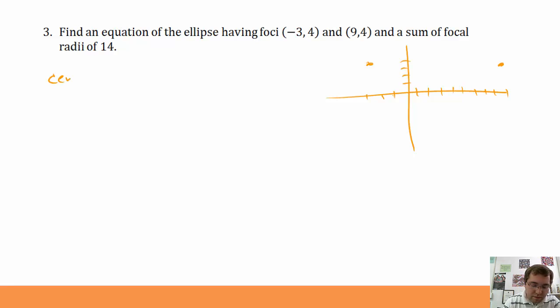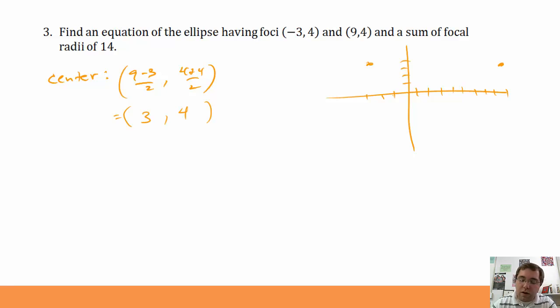The center is going to be at, well, 9 plus negative 3 over 2, comma, 4 plus 4 over 2. Notice the y-coordinate is just going to be the same as the y-coordinate of the two foci. So that's 4. 4 plus 4 over 2 is 8 over 2. 9 minus 3 over 2 is 6 over 2, which is 3. So my center is going to be at 3, comma 4.